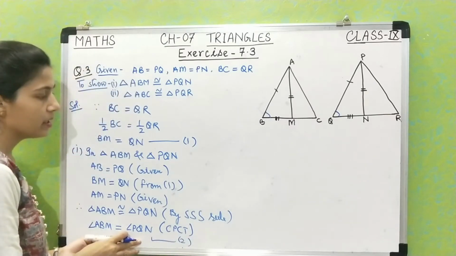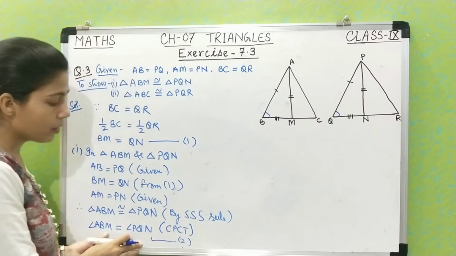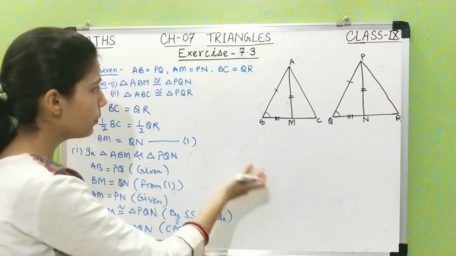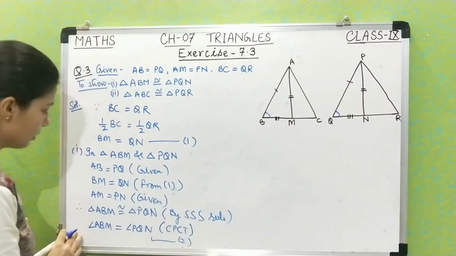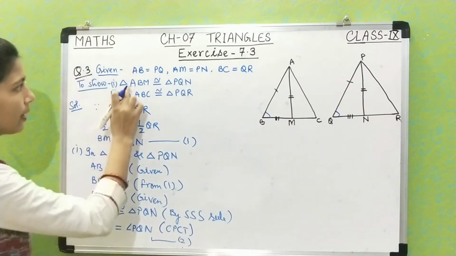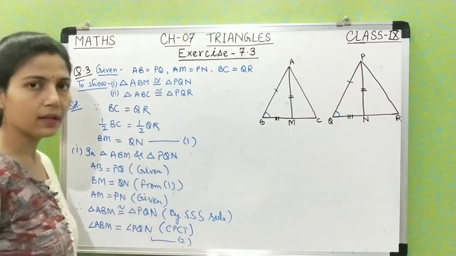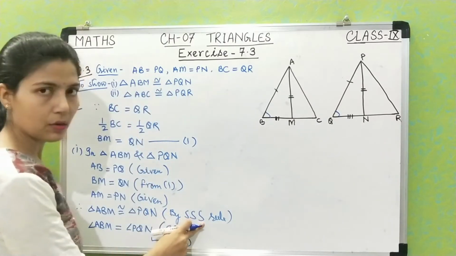Why are we naming these equations? Because we will use them further in proving something else. Okay, so this was your first part: triangle ABM is congruent to triangle PQN by the SSS congruency rule.